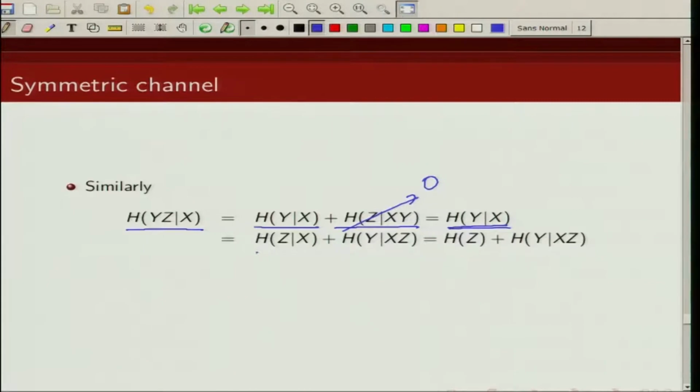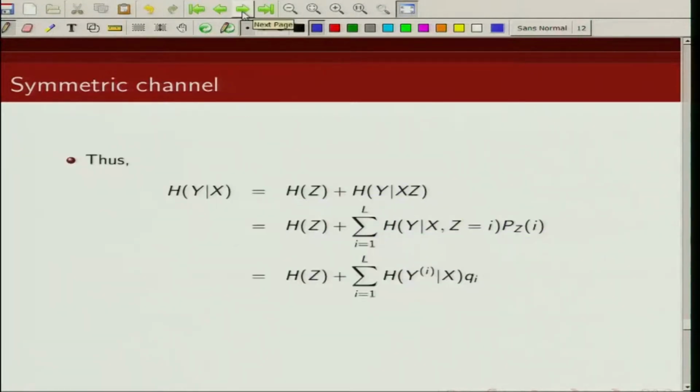Now, I can apply the chain rule again in a different way, and I can write this expression as uncertainty in z given x plus uncertainty in y given xz. Now, x and z are independent. So, knowing x does not give me any information about z. So, this will be h of z plus h of y given xz.